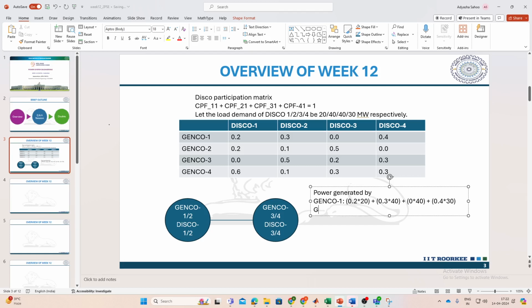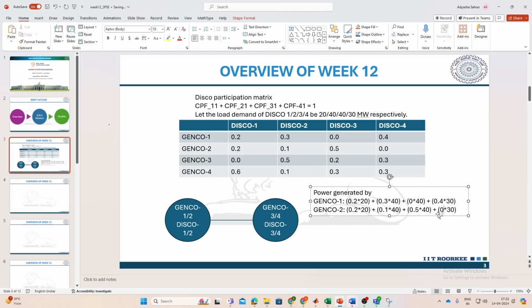Similarly for GENCO 2, it will be 0.2 of 20, 0.1 of 40, 0.5 of 40, and 0 of 30.